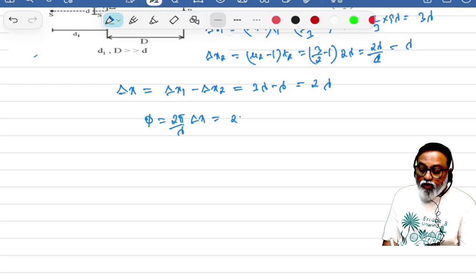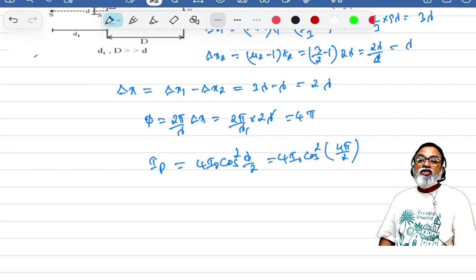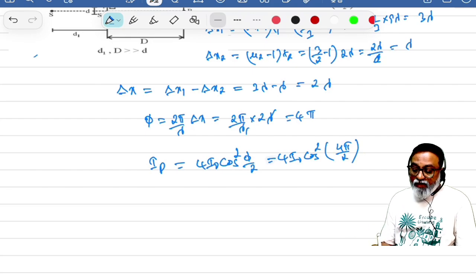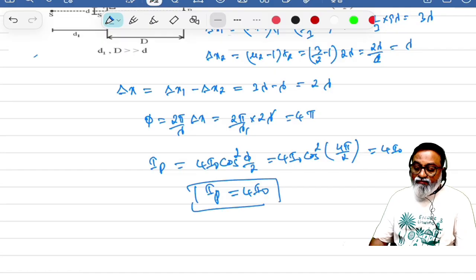That is 2 pi by lambda, delta x is 2 lambda, lambda cancels, and this becomes 4 pi. Now, intensity at point P is equal to 4 I naught cos square phi by 2. Therefore, 4 I naught cos square of 4 pi by 2, which is 2 pi. Cos 2 pi is 1, cos square is 1. Therefore, this becomes 4 I naught. So at point P, the intensity is 4 I naught due to the insertion of glass plates.